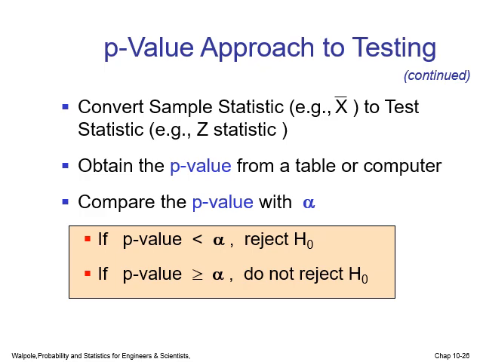If the p-value is smaller than alpha, we reject the H0. If the p-value is larger than or equal to alpha, we cannot reject the H0.